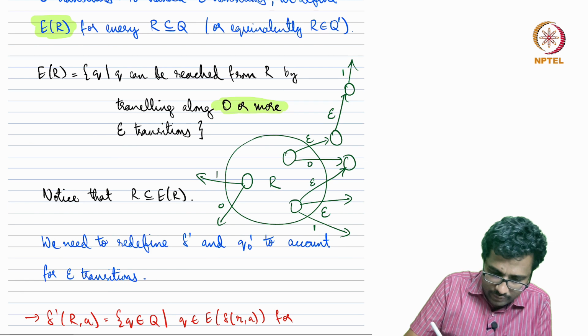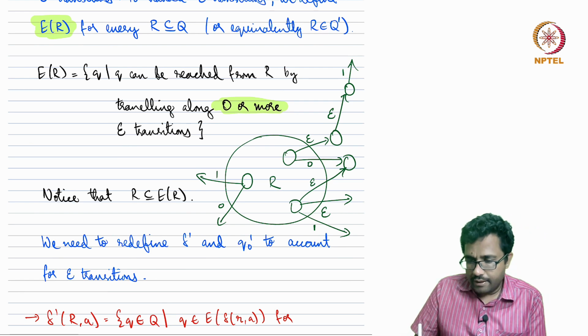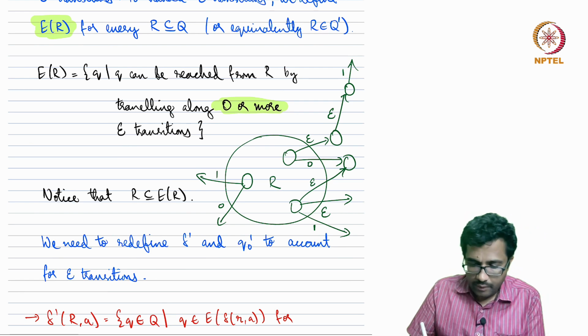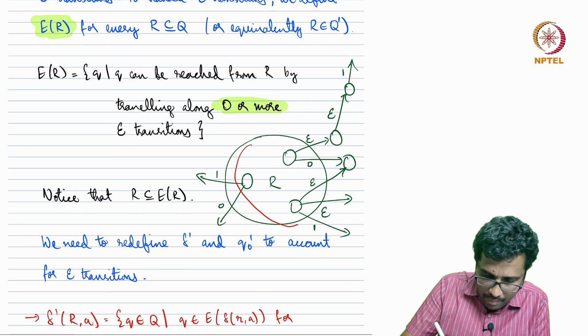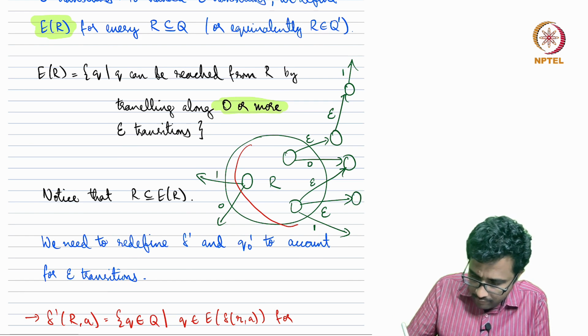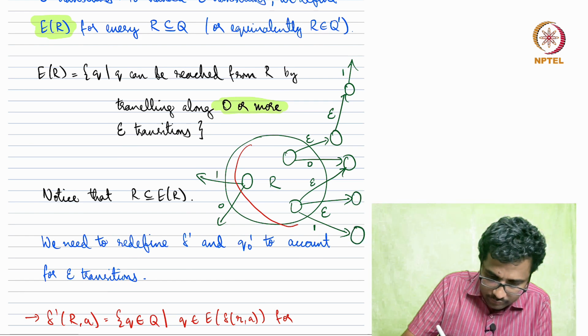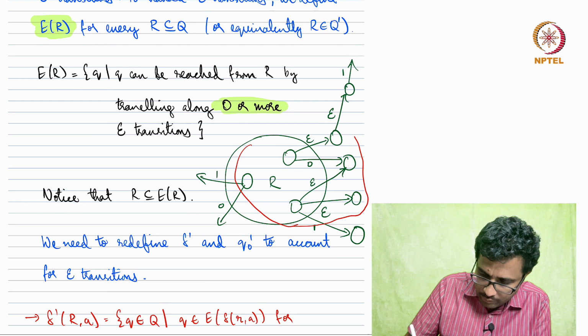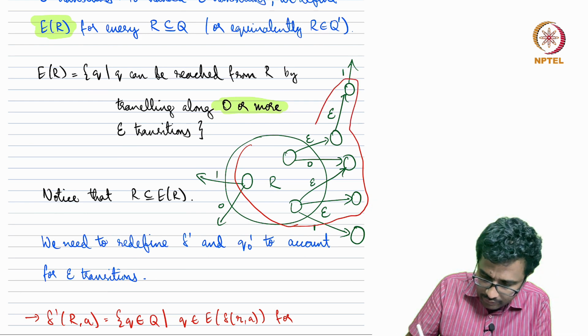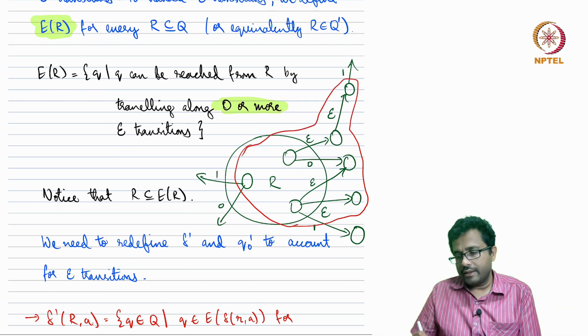Suppose this is R, then the set of states that you can reach from R by using epsilon transitions are: this is included, this is included, this is included, this is included, right?